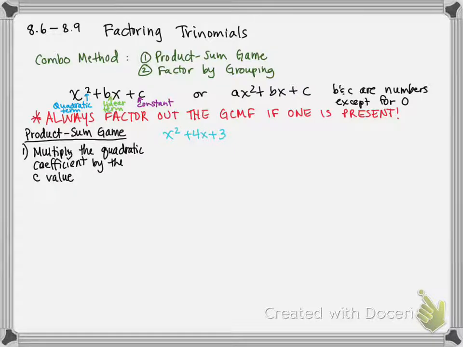This is called the product. In our particular example, the quadratic coefficient is 1, so we multiply it by the constant, 3, and we get a product of 3.